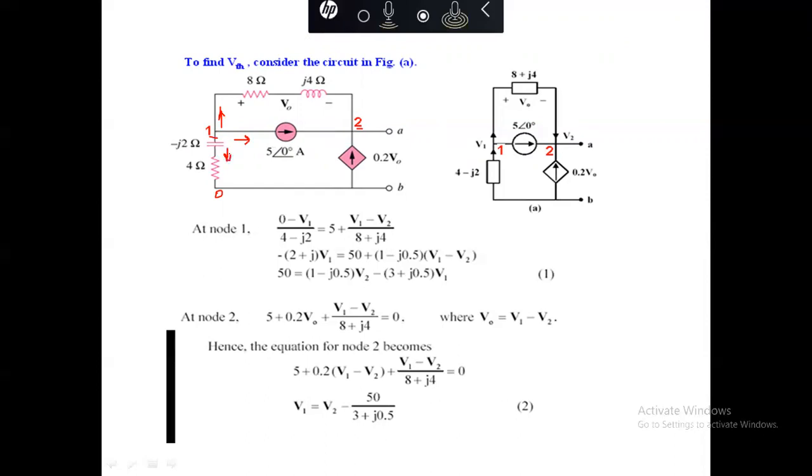So all the currents are leaving the node because node 1 is at higher potential.